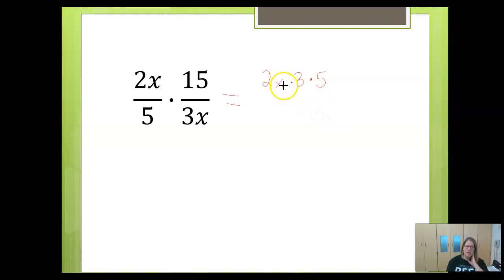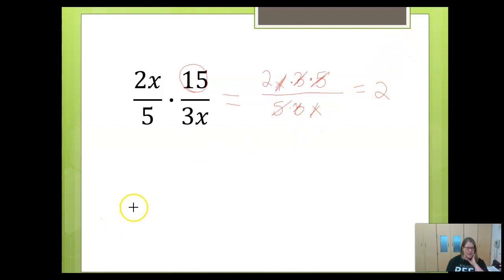So I have a 2 times x times 3 times 5. The 3 times 5 came from 15, right, in the numerator. And then I have 5 times 3x on the bottom. So now I can see that there is a 5 that will cancel because 5 divided by 5 is 1, a 3 over 3, and an x over x. So this actually just reduces down to a 2.